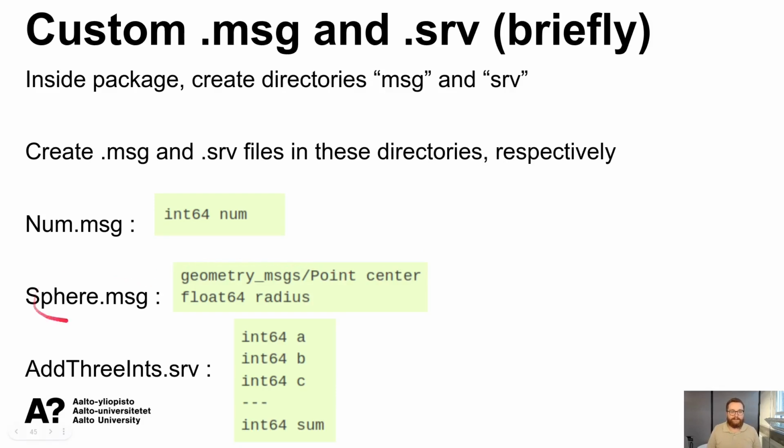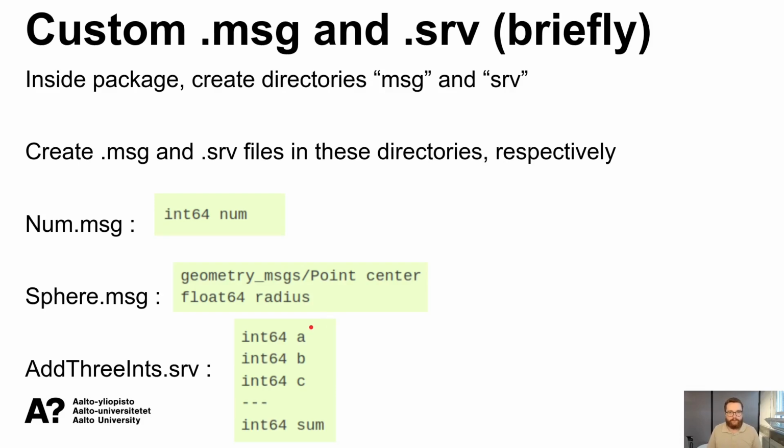In this message, we would insert a geometry message from the standard messages. So we would have geometry_msgs/Point, and the name of the data field would be center. And here we would have a floating point number, radius. So we are taking a standard message, this geometry_msgs Point, and adding another field of data to it, creating a custom message Sphere.msg. And these would go into the msg folder.